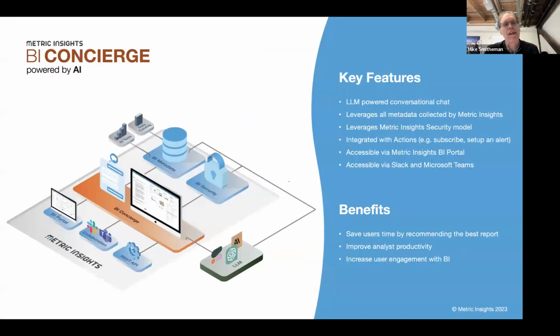So a couple of examples of how this is coming to fruition, and as we think about applications of AI, and I'm sure a lot of vendors are going through this process right now, not just in the BI space, there's the hype, and then there's the reality and the complexities of integrating this technology.